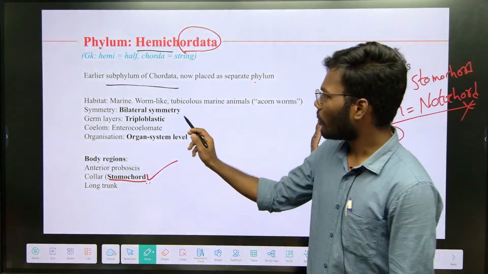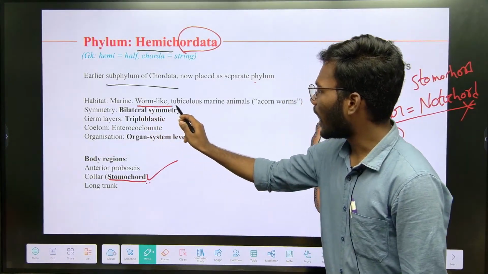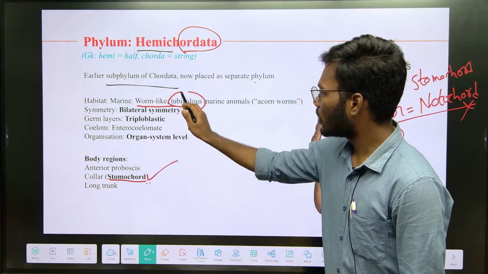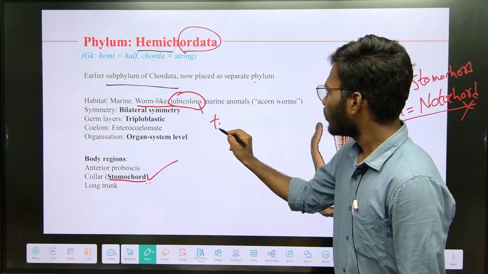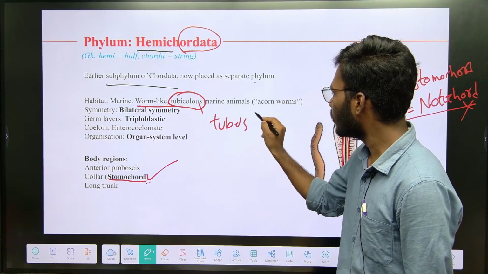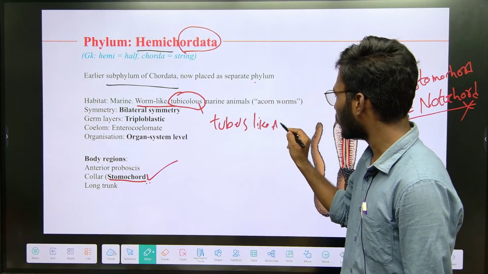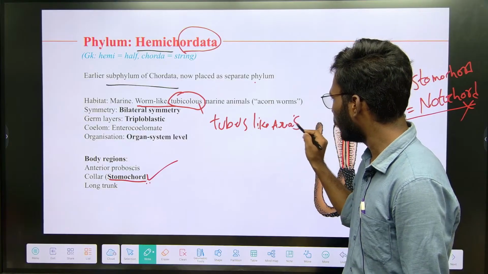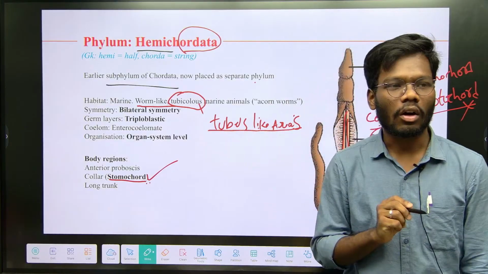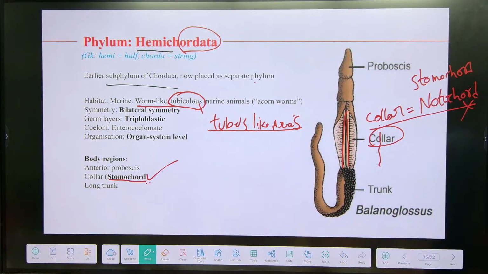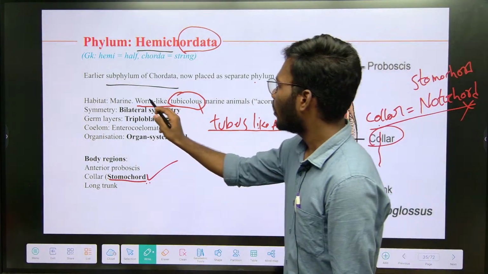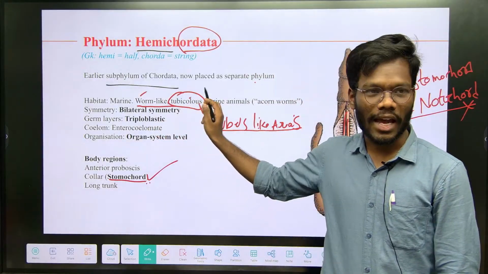You can see these are worm-like animals. Tubicolous means they live in tubes. They live in tube-like areas, or they create some tubes and live in that tube. So that's why these are called worm-like animals and also tube-dwelling animals.